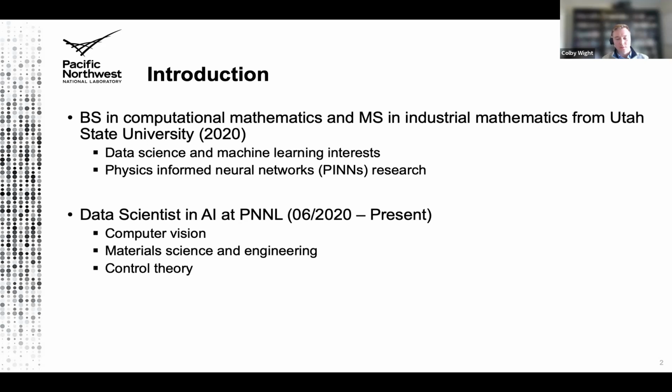And I do a lot in the area of computer vision. I've been able to apply some of the things I've learned working with PINNs and in other areas to material science and engineering, as well as control at the lab. And I'm looking forward to seeing where else we can apply them.